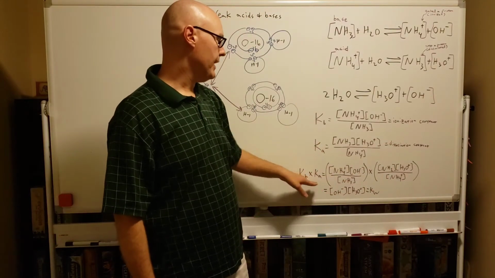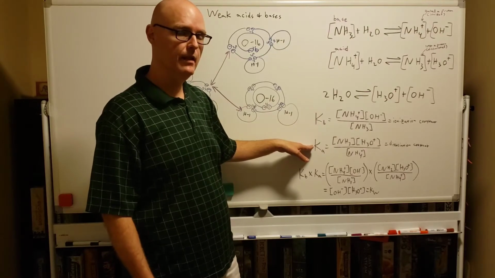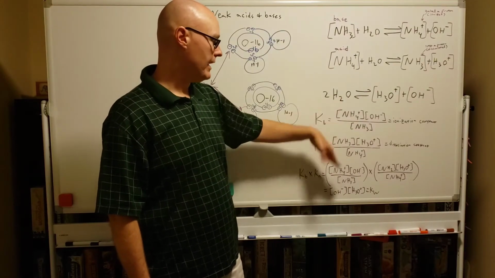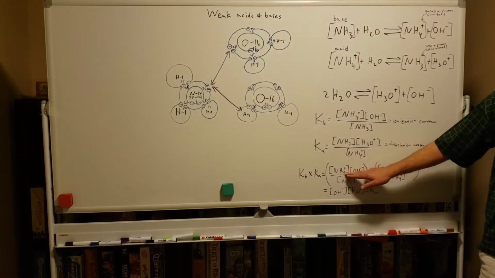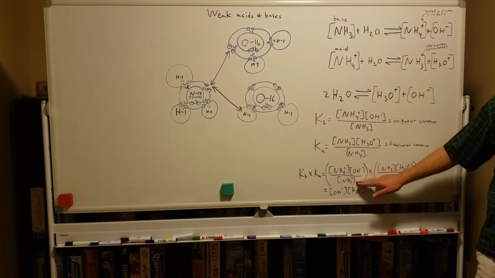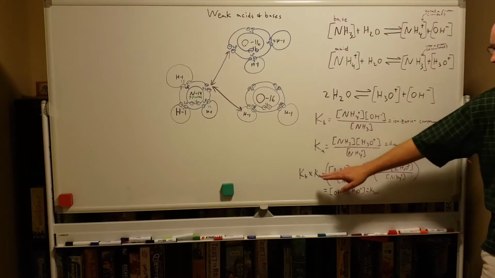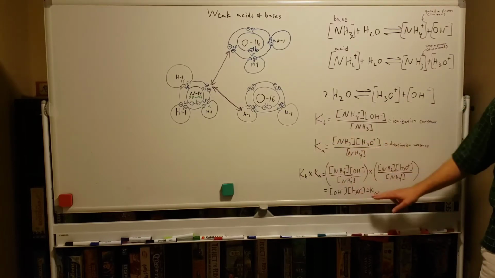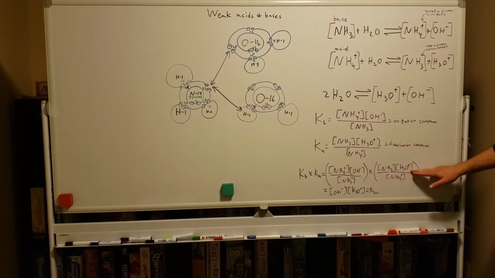If I multiply this constant by this constant, I'll get some number. Using this algebra, I end up with the concentration of ammonium multiplied by the concentration of hydroxide, divided by the concentration of ammonia, multiplied by this dissociation constant: the concentration of ammonia multiplied by the concentration of hydronium, divided by the concentration of ammonium.